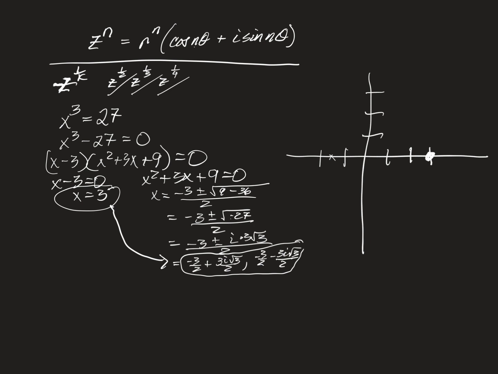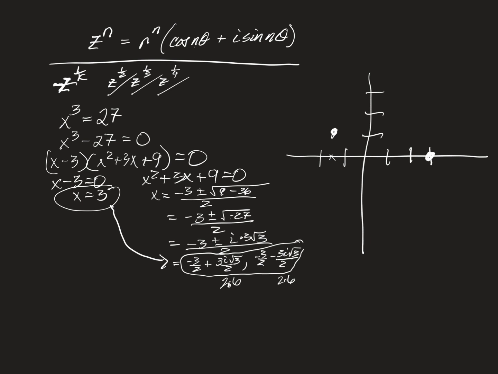So 3 times the square root of 3 divided by 2, that's approximately equal to 2.6. So then we have negative 1.5 and 2.6.